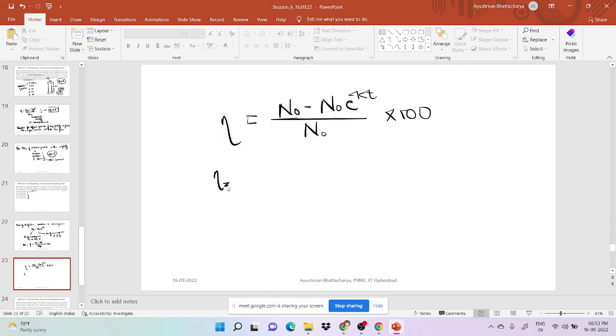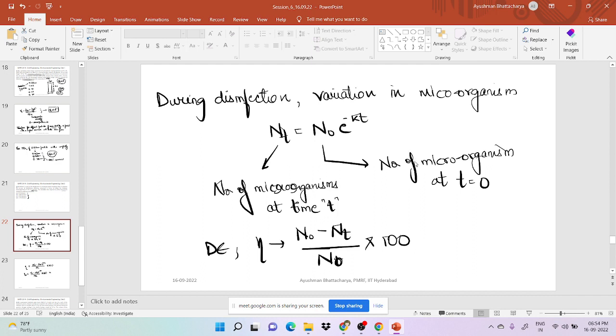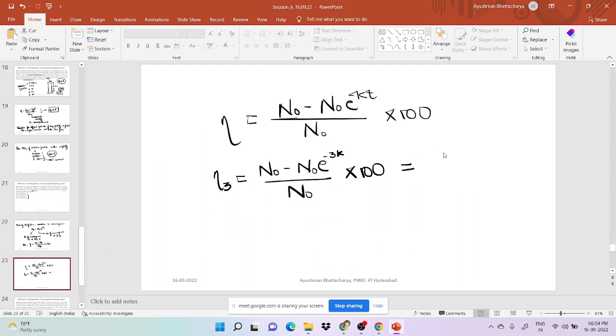So the efficiency at 3 minutes is equal to N naught minus N naught e raised to the power 3k, because the time is 3 minutes, into 100, which equals 50%.